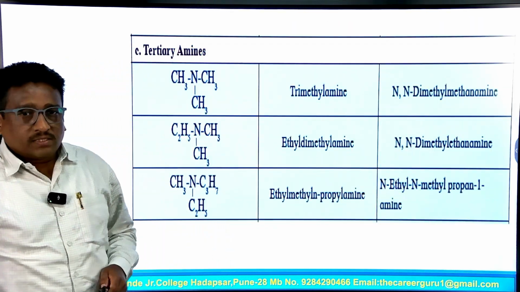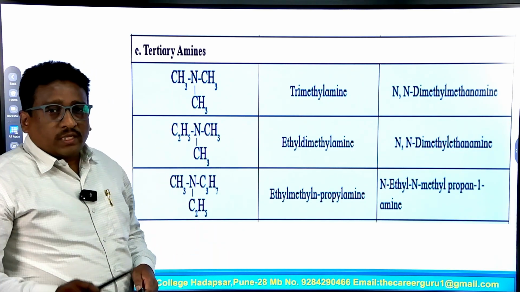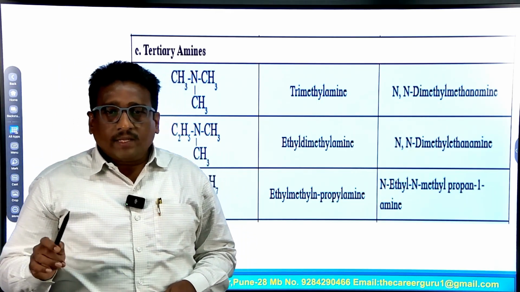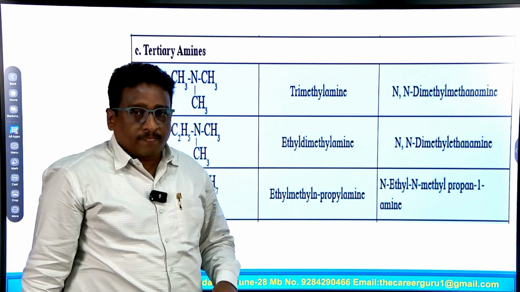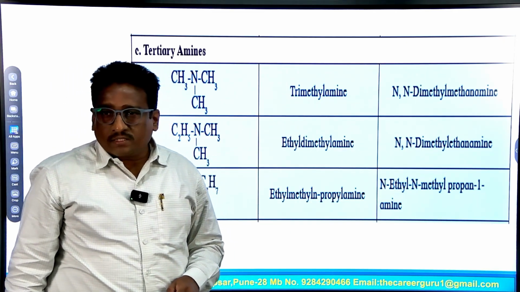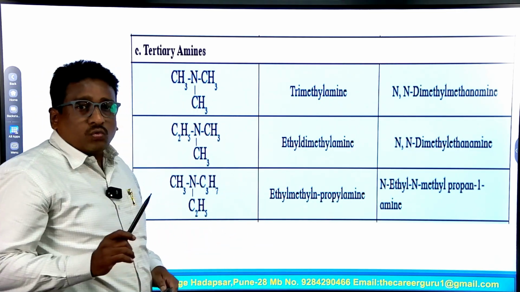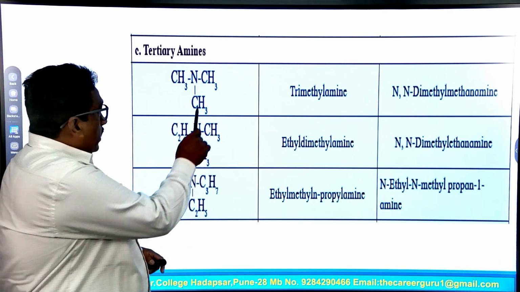Then tertiary amines, N(CH3)3. The 3 alkyl groups are similar, so by using the prefix tri and the name of the alkyl group methyl, the common name is trimethylamine. But in the IUPAC nomenclature system, out of these 3 alkyl groups, 2 alkyl groups are considered as N-substituted groups and both groups are similar.